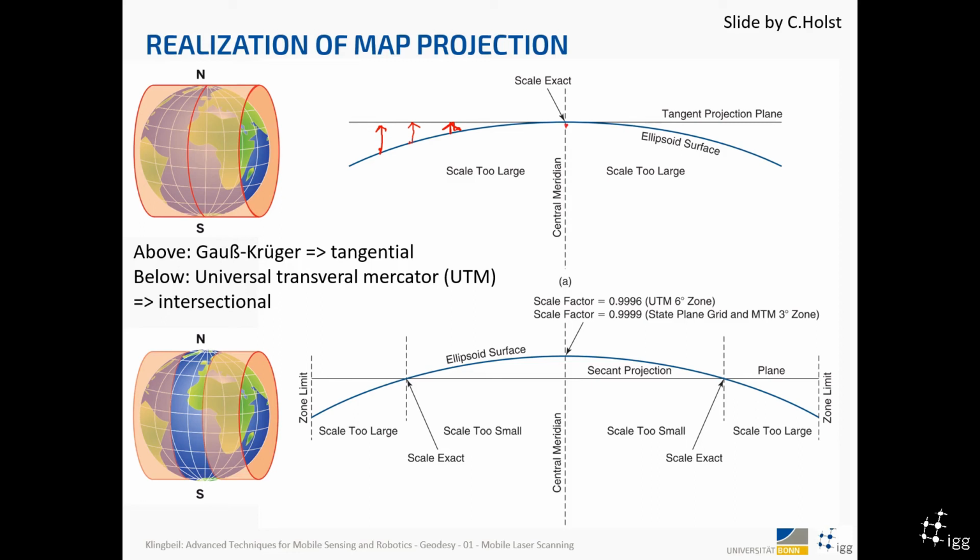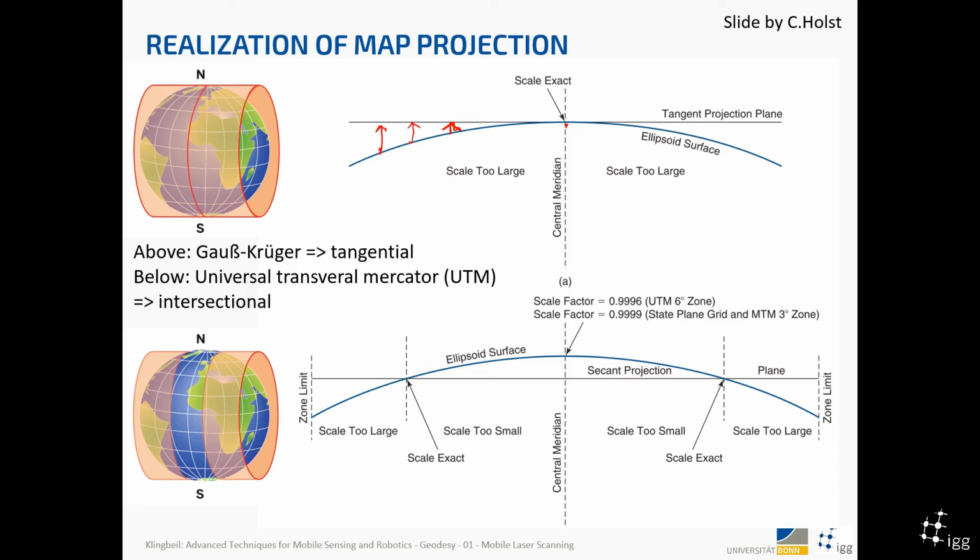So this is the ellipsoid surface, and this is the tangent projection plane along that meridian, which is exactly here. This is a tangential projection, the basis of the Gauss-Krüger coordinate system, which used to be an official coordinate system in Germany.